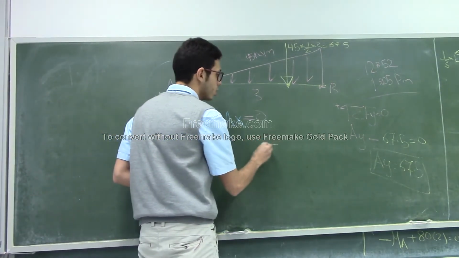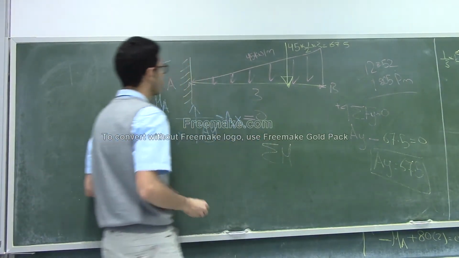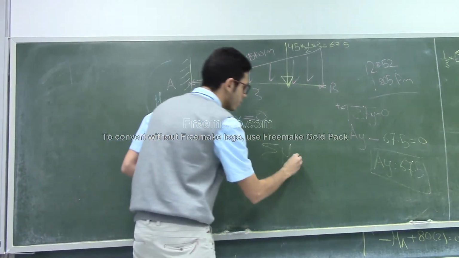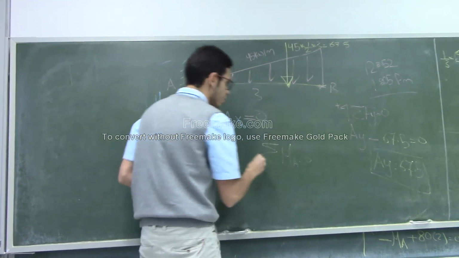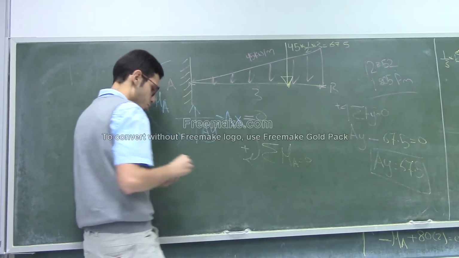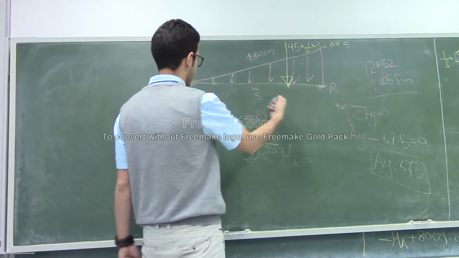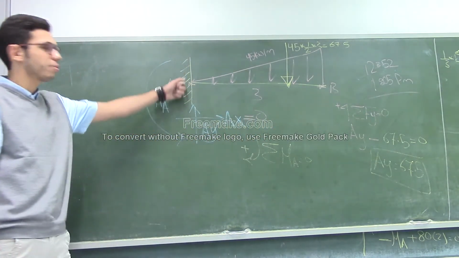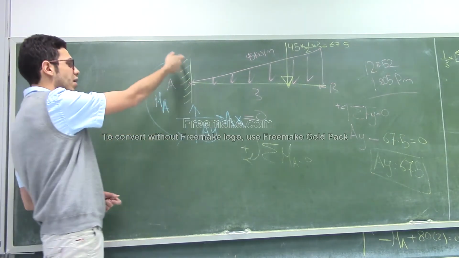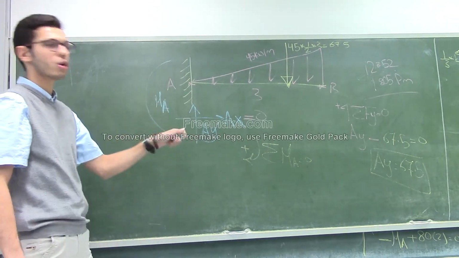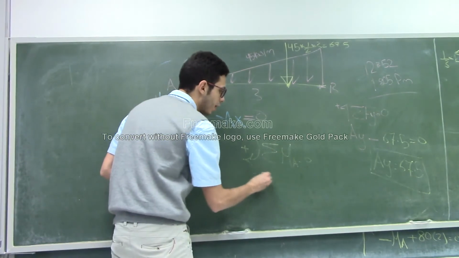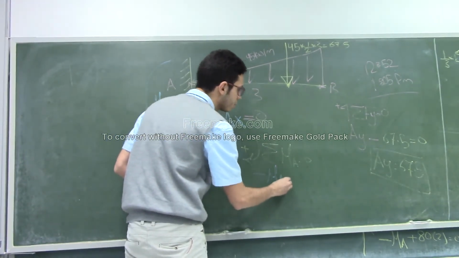Okay, so the summation of the moment at the point A is equal to 0, with clockwise as the positive direction. AY makes a positive moment, and AX does not make any moment here. We have MA, which is counterclockwise, so it should be minus MA.